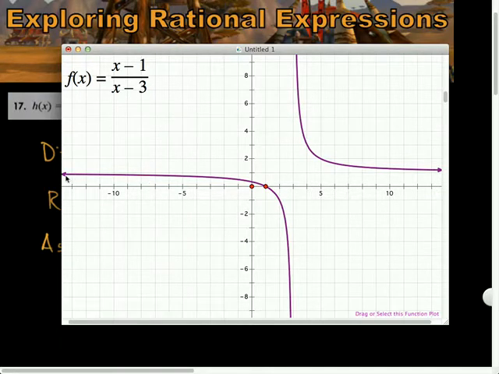And then similarly for negative big numbers, if I plug in negative a billion minus 1 divided by negative a billion minus 3, the minus signs cancel out. That's why it's positive 1-ish over here, because the billion minus 1 and the billion minus 3 are about the same, so they're just getting closer and closer to 1 the bigger the numbers I plug in. And that's the idea behind these asymptotes existing.